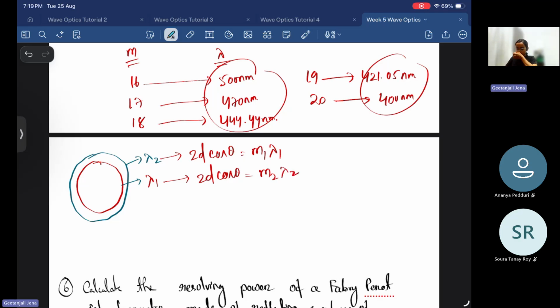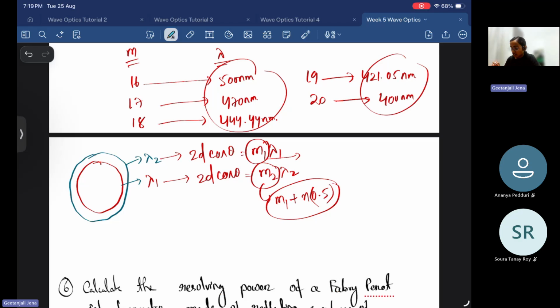So what happens is that the value of m1 for this is not equal to m2 for this. Sometimes, if you want to express m2 in terms of m1, then you may find that this is m1 plus some multiple of 0.5.